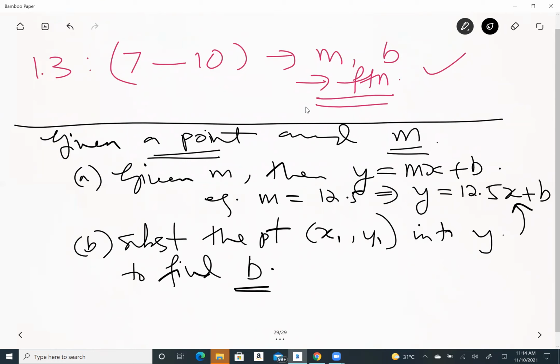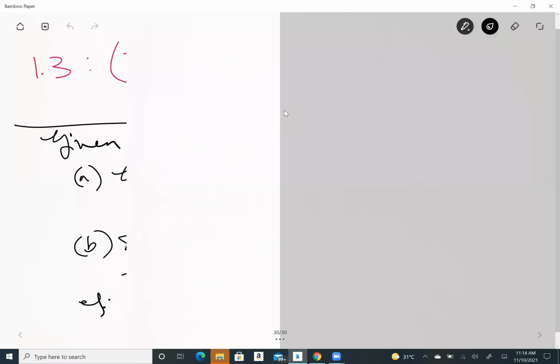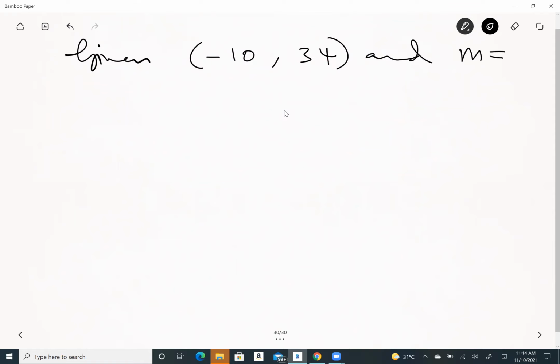Okay, all right. Example, let's say we are given negative 10, 34, and the slope m is equal to negative 7.8.